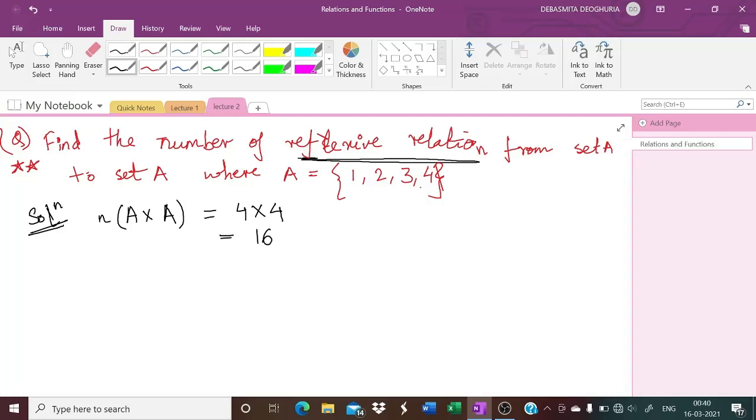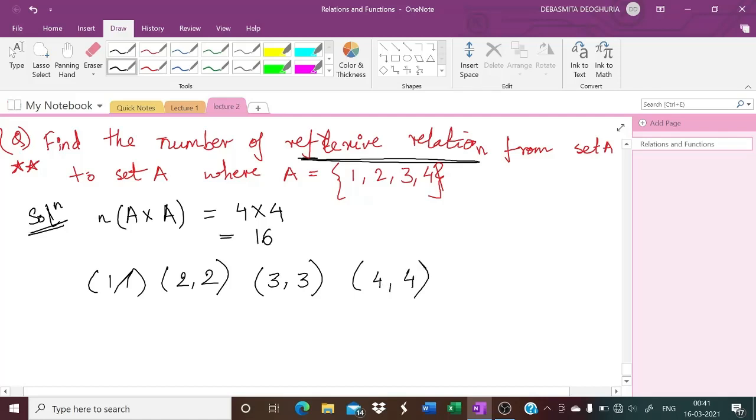So if I have to make this a reflexive relation, then 1 comma 1, 2 comma 2, 3 comma 3 and 4 comma 4 must be present.